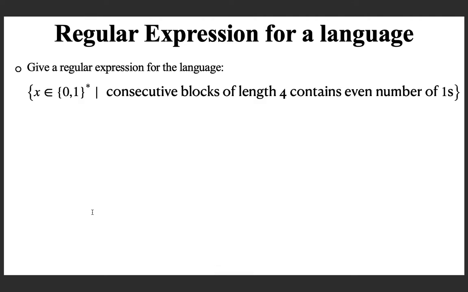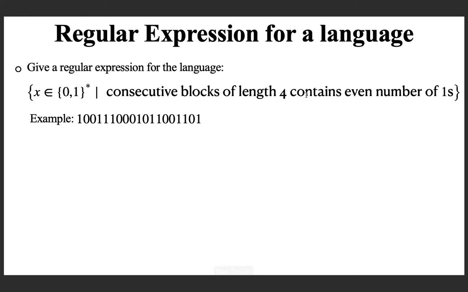Now we can look at a reverse question where we are given a language, then how can you come up with a regular expression? You are asked to give a regular expression for this language. The set of all binary strings such that consecutive blocks of length 4 contains even number of ones.